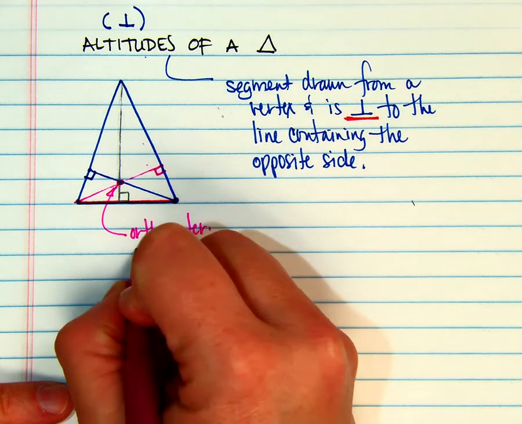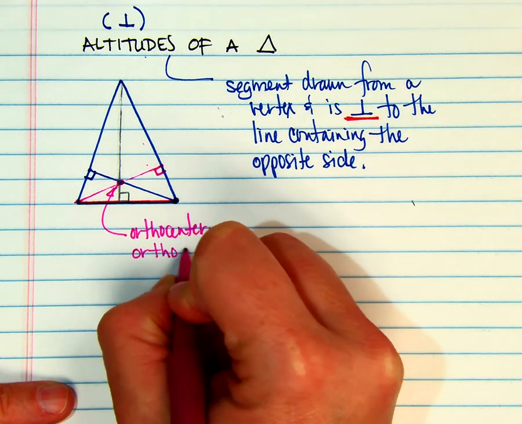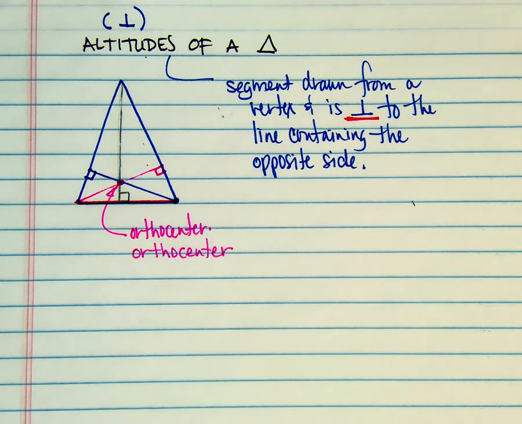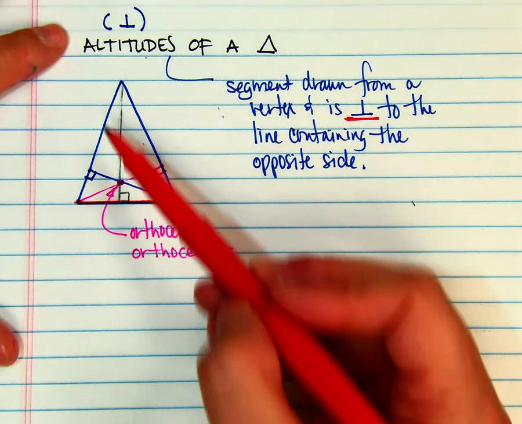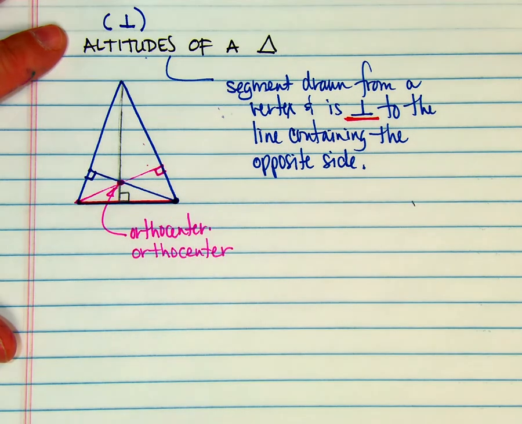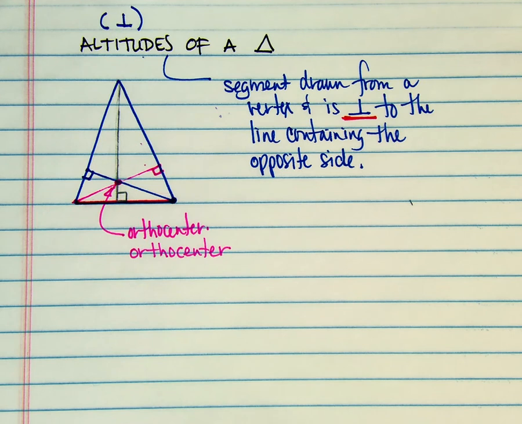And I'm going to rewrite this word just so you can see what it says. I didn't write it very well. Orthocenter. Okay, so this would be an acute triangle because all the 3 angles are less than 90 degrees.